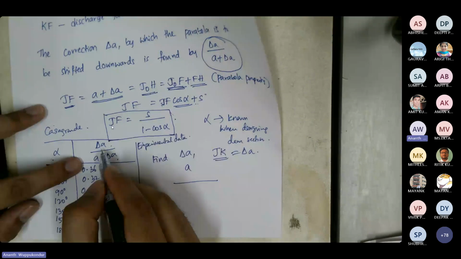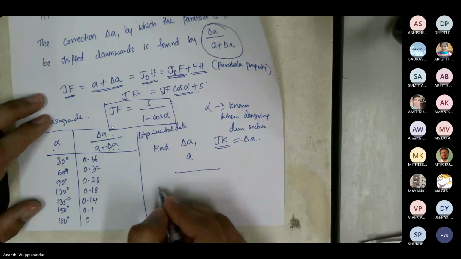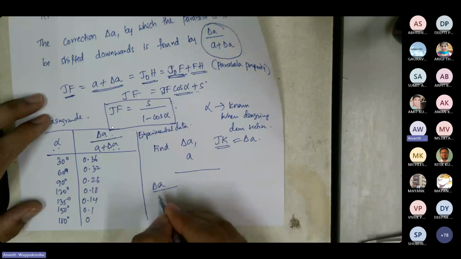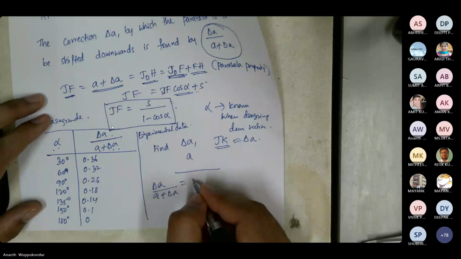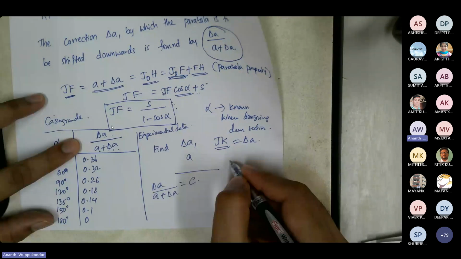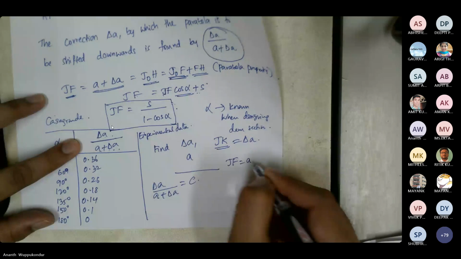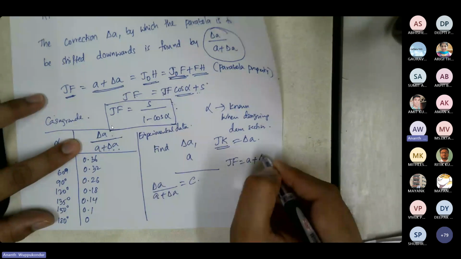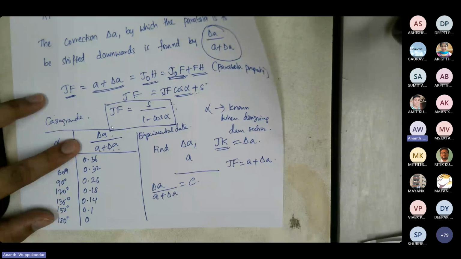So you know delta A by A plus delta A is some constant from alpha, and then you calculated JF again, which is A plus delta A. So you have two equations and two unknowns.